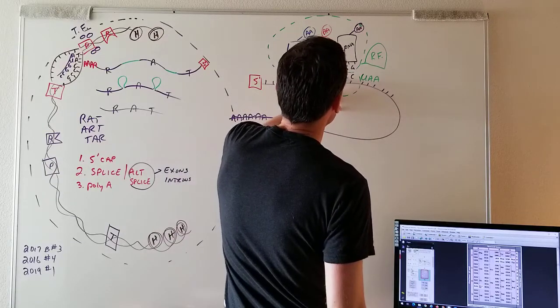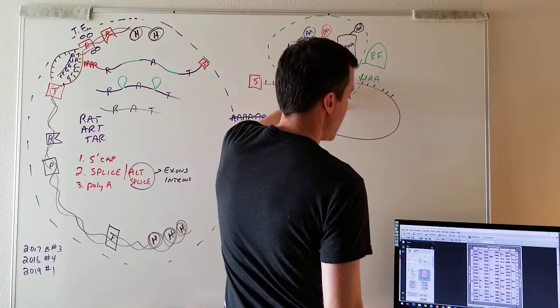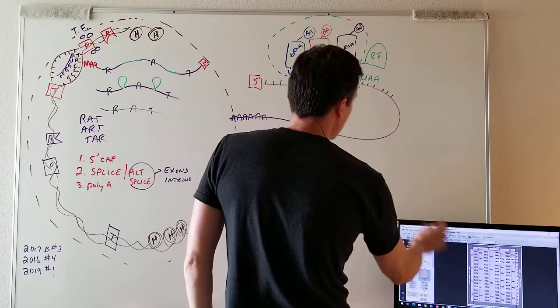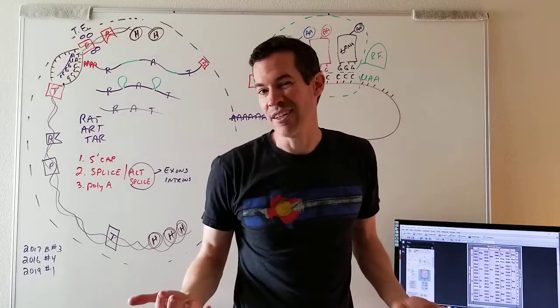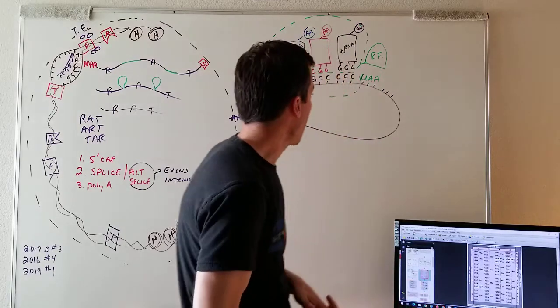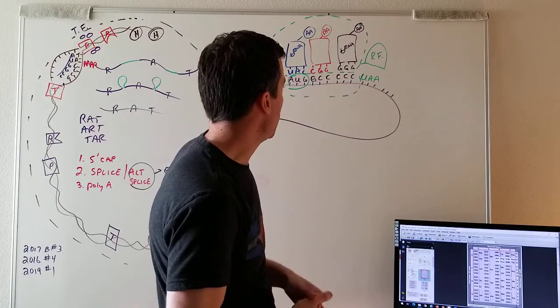So if I changed a CCC to a CCA, that's fine, because I'm still coding for proline. So yes, there was a genetic mutation, but it's silent. It didn't hurt anything.